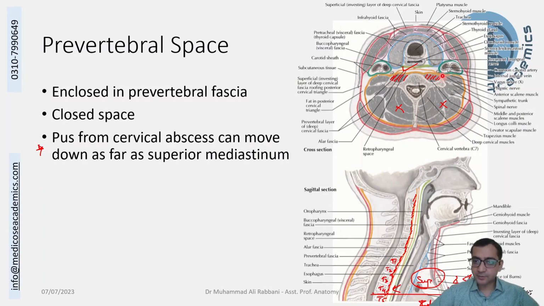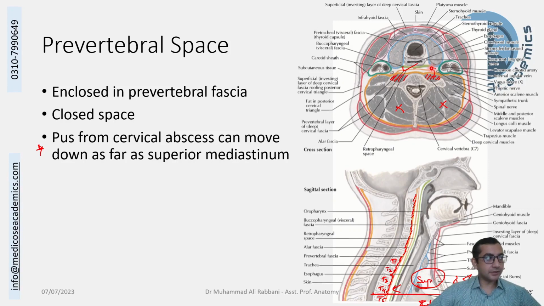It is not moving sideways because there is a connection at this point. And when the inflammation and pressure become too high, it ruptures the fascia in front of it and moves to the space in front of it, which we will shortly see is known as the retropharyngeal space.